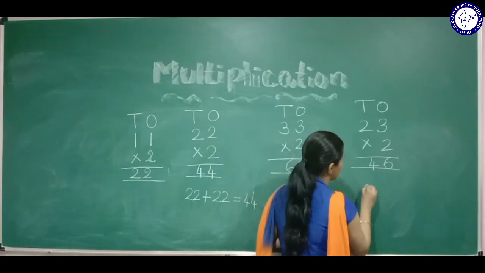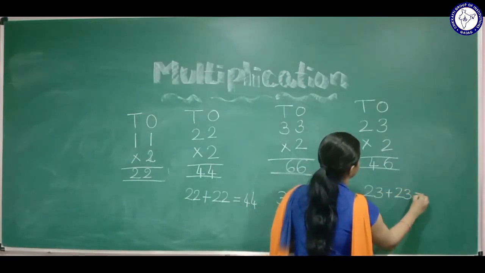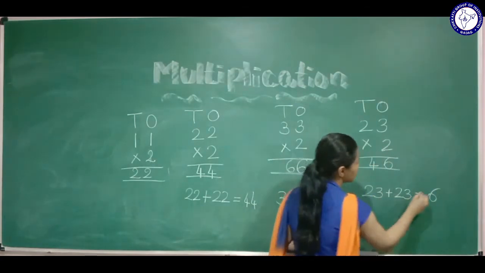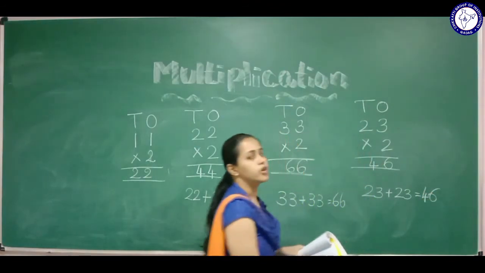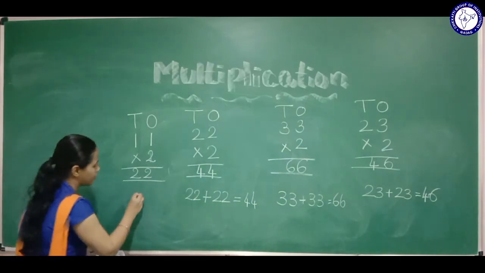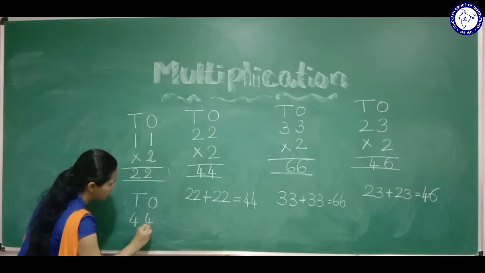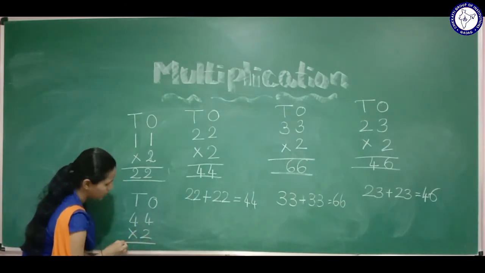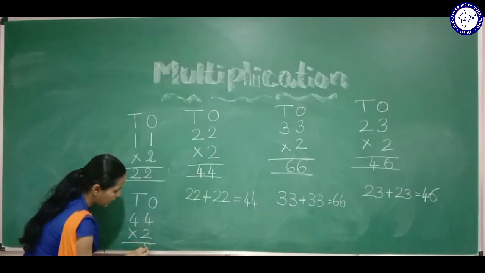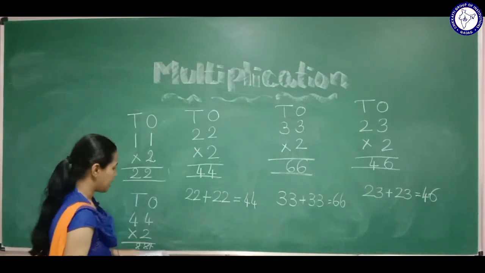So here 23 plus 23, right? 3 plus 3 is what? 6. 2 plus 2 is what? 4, right? We got the same answer. Now 44 into 2. 2 fours are 8. 2 fours are 8. So we got 88 as the answer.